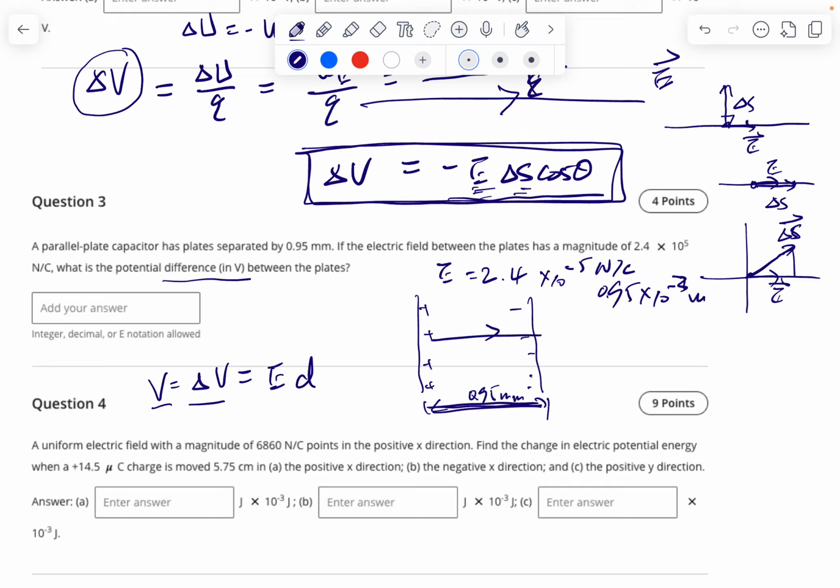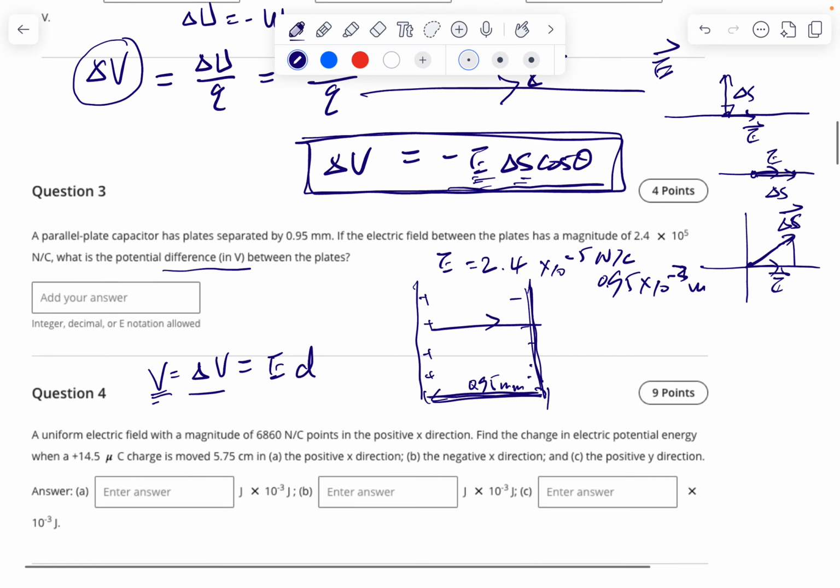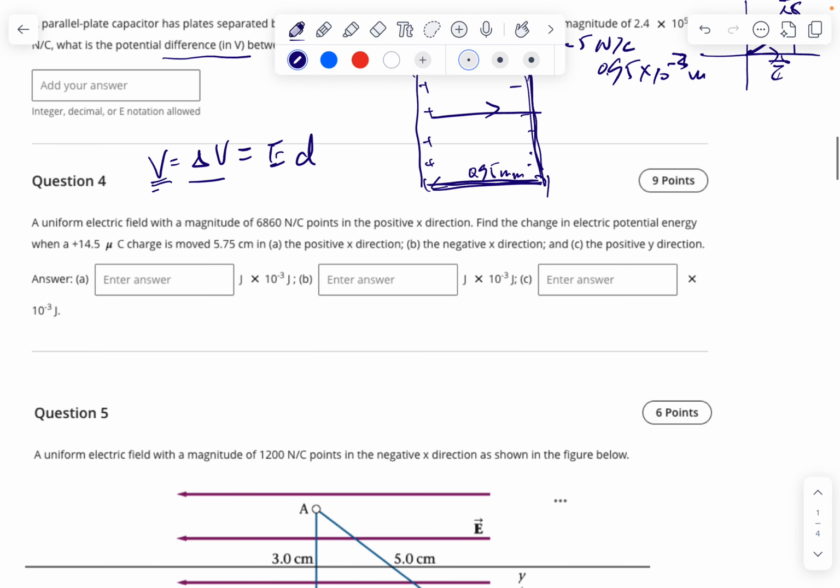Here you get a positive value, which means the potential on the positive plate is this much higher than the negative plate.